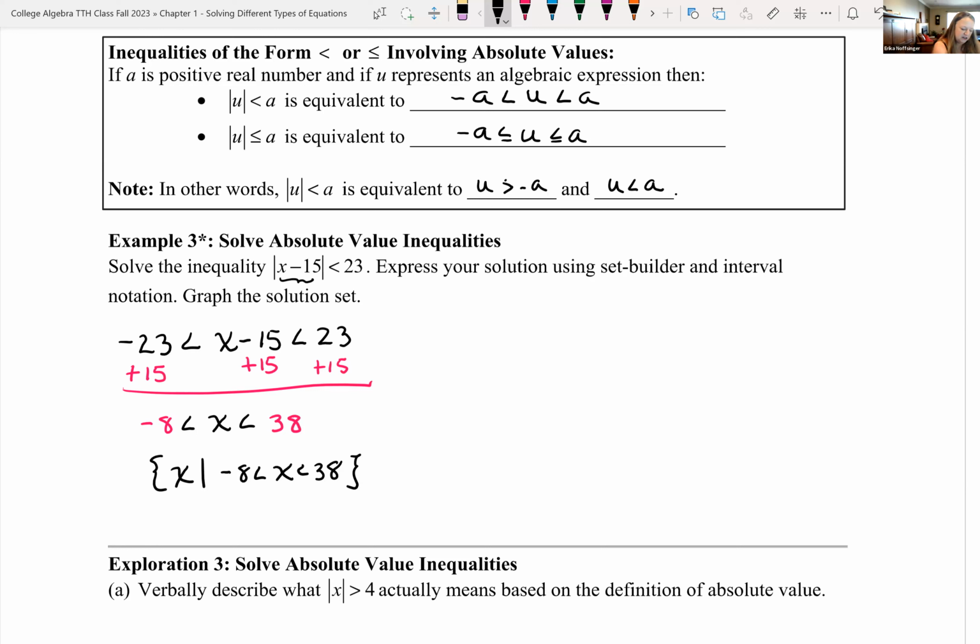Interval notation, we're starting at -8, not including, so we have a parentheses, -8, comma, and then we're going to 38, not including, so parentheses.